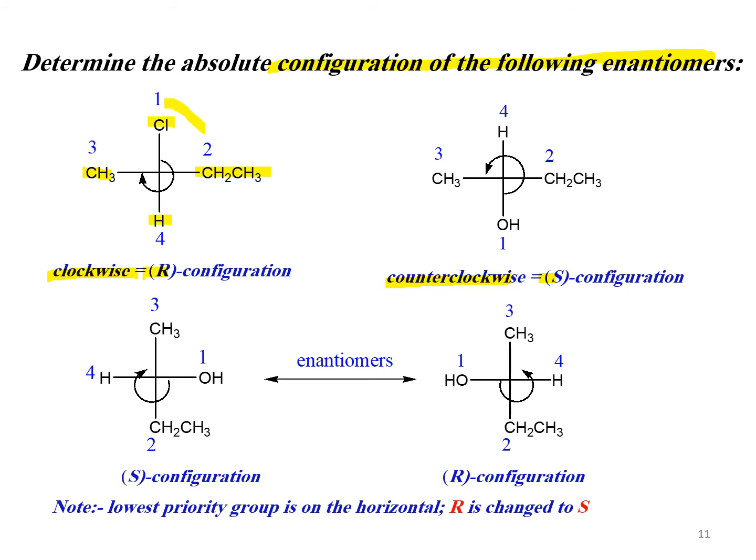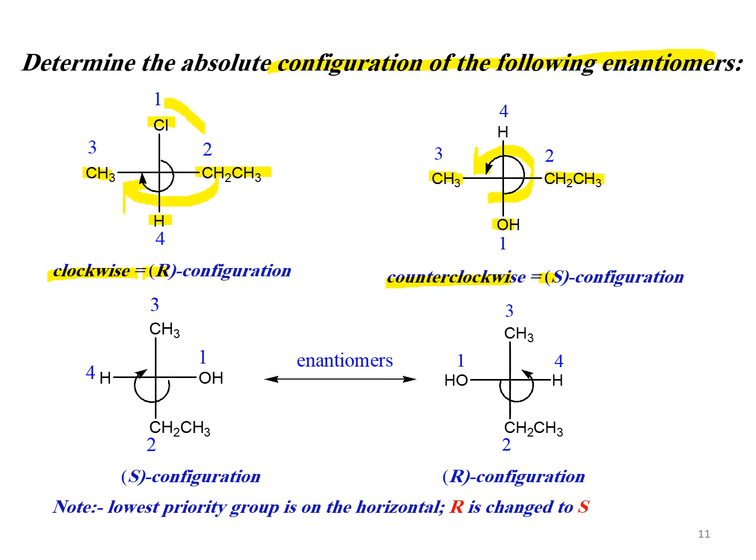So going from 1 to 2 to 3, this will give a clockwise or R configuration. Second one, we have oxygen attached, so this will take the first priority, then the same ethyl group and the methyl group. So going from 1 to 2 to 3, this gives us a counterclockwise or anti-clockwise S configuration.